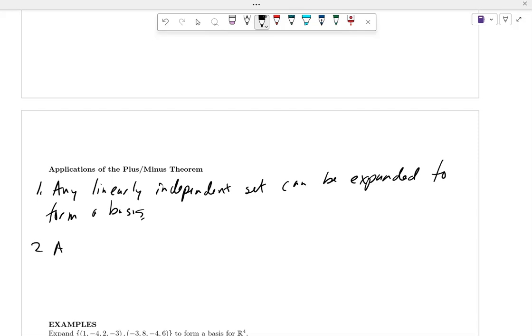And 2, any spanning set can be reduced to a basis.